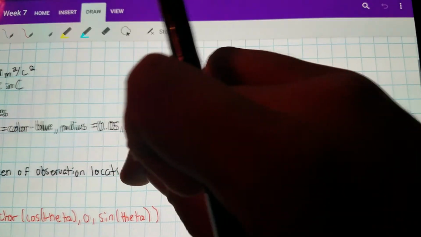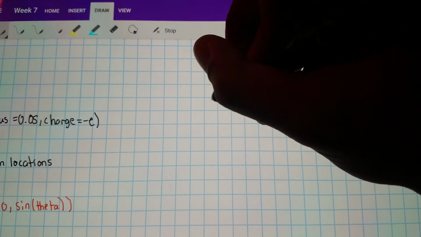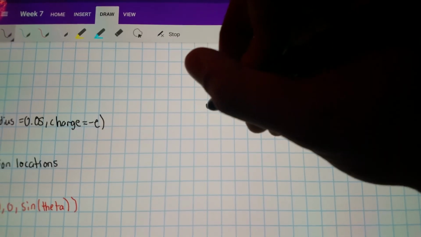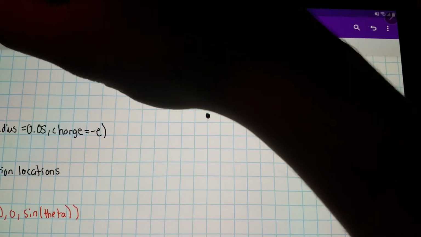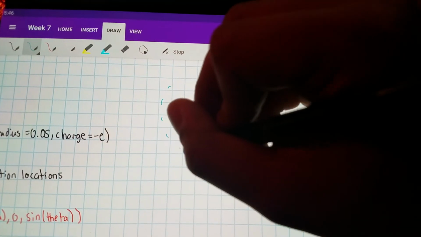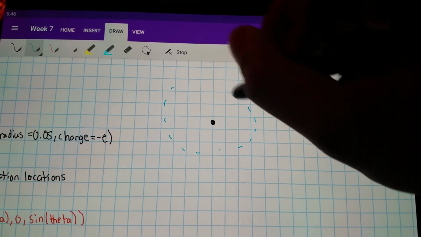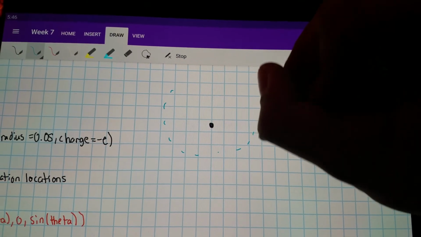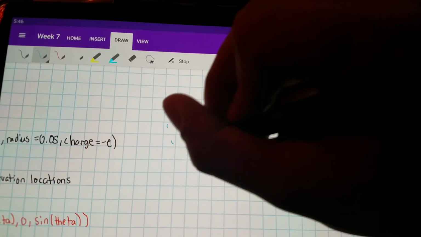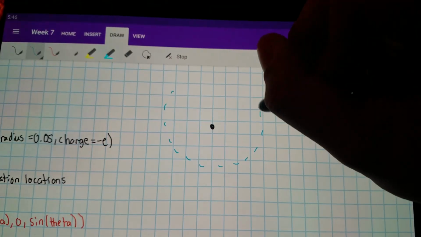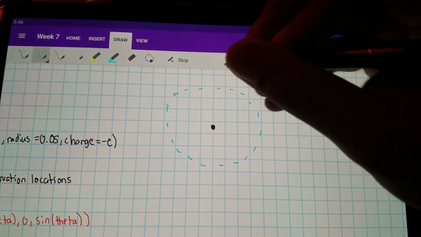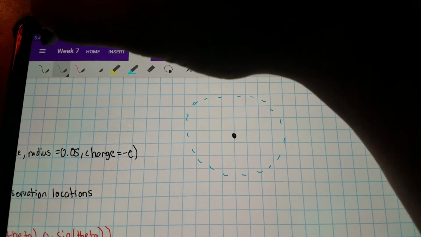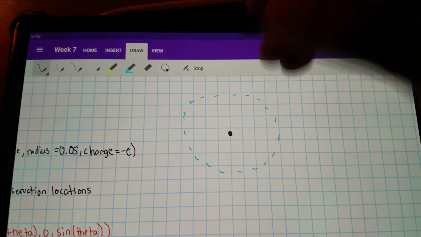This cosine of theta and sine theta just recall back to your angle, whichever point you may be in the circle. Just to give a visual, we could say that we have an electron right here, and then we have this little outer ring with all our points approximately 10 centimeters away.